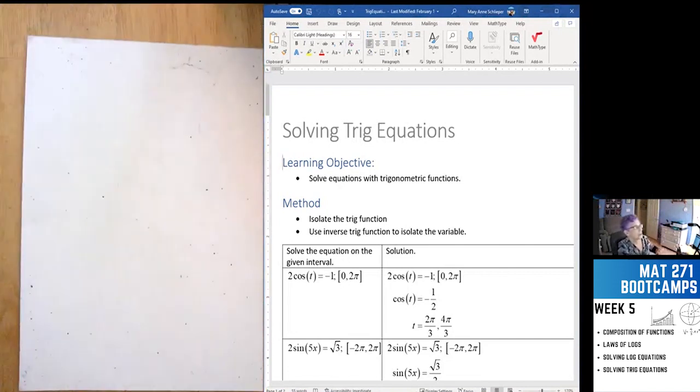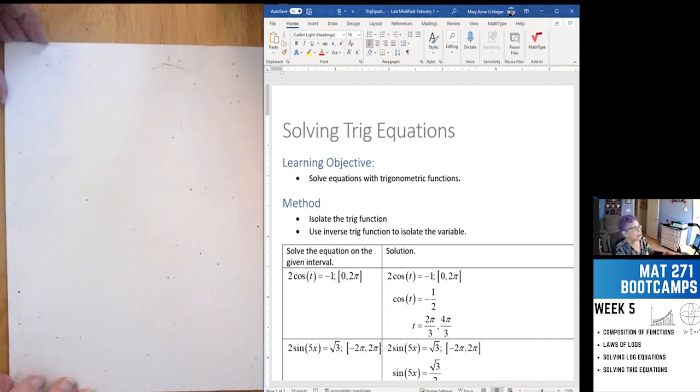So first thing you do is isolate the trig function, and all the examples I have here today are from the unit circle. So you should be able to get nice, friendly, exact answers for them. They aren't always. And if they're not, then WebAssign will warn you and tell you you can round it to a certain number of decimal places, or you can just leave it as arc cosine of something.